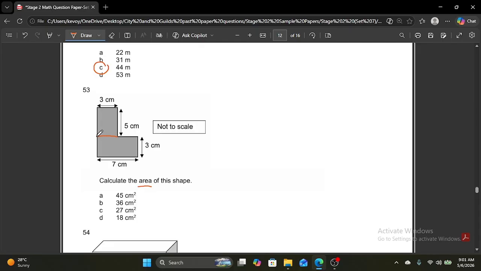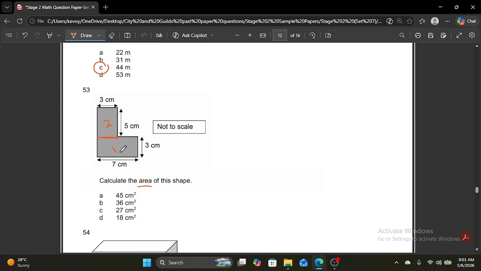We need to separate it into two shapes that we can easily find the area of. If we separate it, we can have two rectangles. So this is one rectangle, this is the second rectangle.